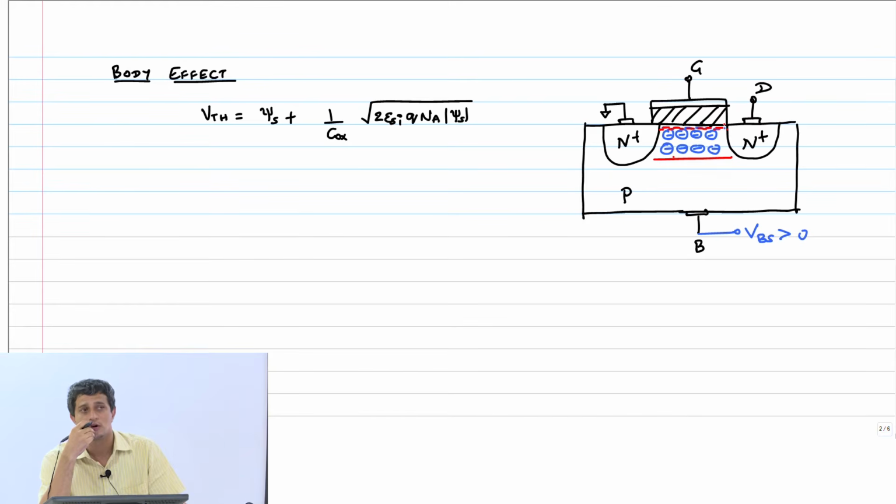It should decrease, because the threshold voltage is defined as the work done by the gate potential, not work in joules, in order to invert the channel, which means I have to get a free electron concentration at the surface as much as the hole concentration in the bulk. But now if the back gate has already provided some electrons or has already depleted the channel partially, then the gate needs to do lesser work in order to invert the channel, and therefore the threshold voltage VTH should come down.